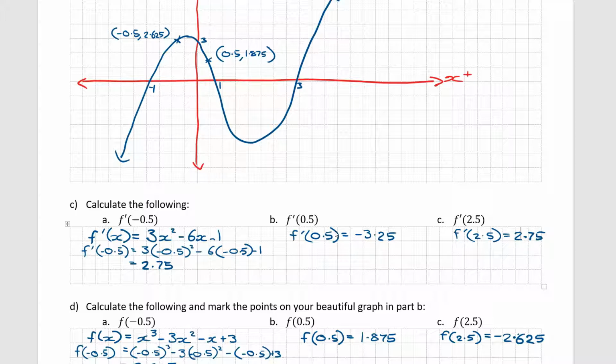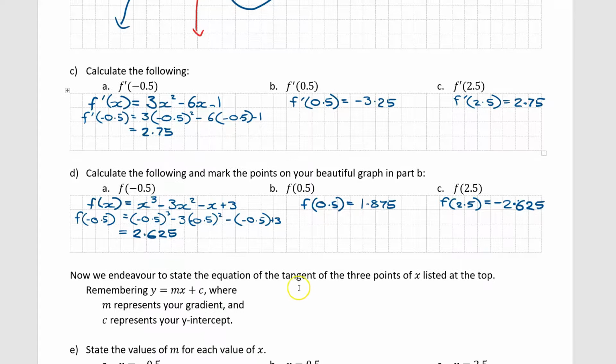And then finally for 2.5, it's going to be somewhere around there, so it will look something like negative 2.625, like so. Alright, moving on. We've got it marked on our scale.